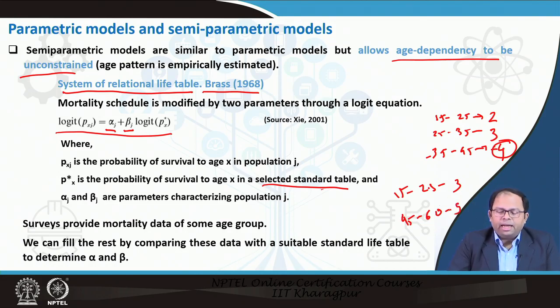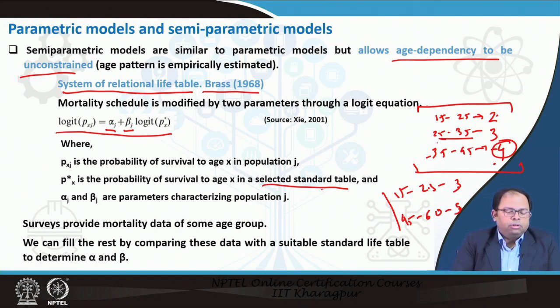Now, we will compare this with the value from the standard table that is already there, and then we will adjust the alpha and beta values based on this empirical data, and then we can compute it for all the other age groups which are missing from the data.